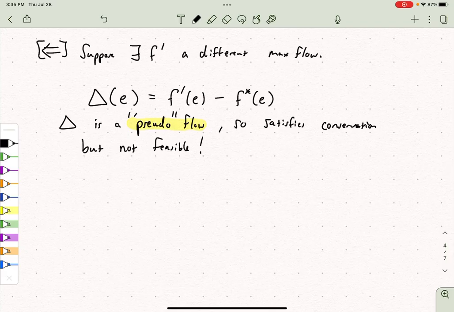So why does it satisfy conservation? This is just because both its constituent parts do.